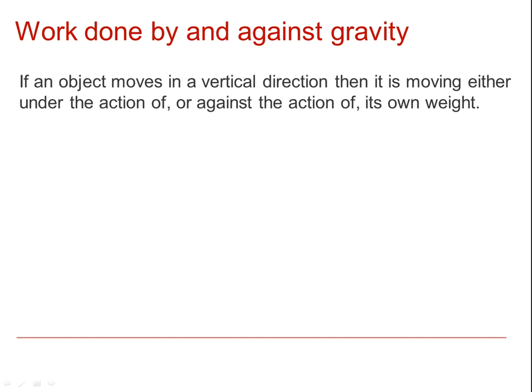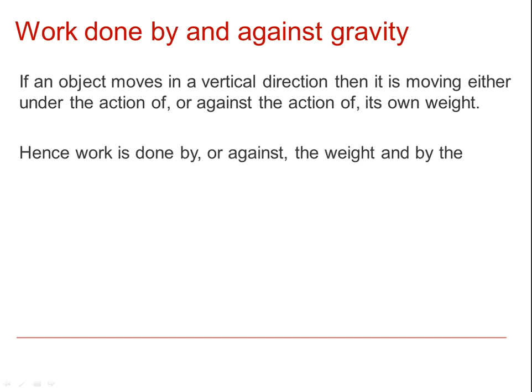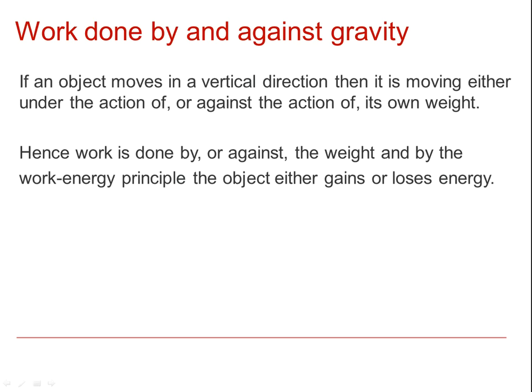If an object moves vertically, then it's moving either because of its weight or against its own weight. Hence, by the work energy principle, the work done gives us a gain in the energy.